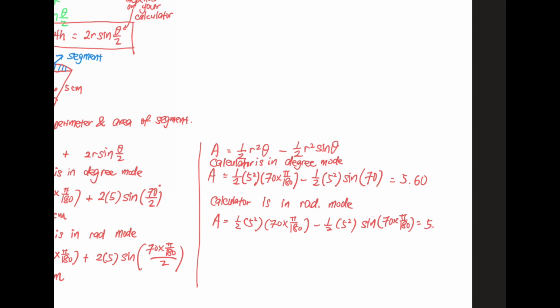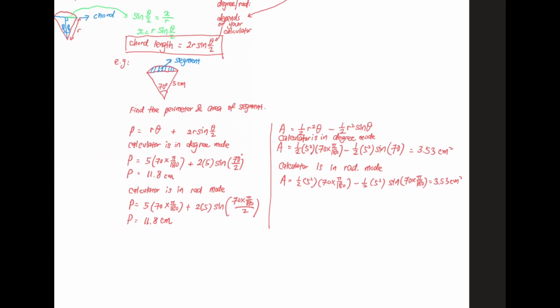Then you will get the same value. Hold on. Okay, I think my calculator is currently okay. No, this one should be 3.53. Yeah. So when I change it to radian mode now, in radian mode of course we have to get back the same answer, 3.53. Okay, so area is 3.53 cm square.